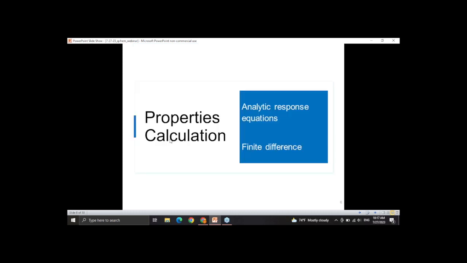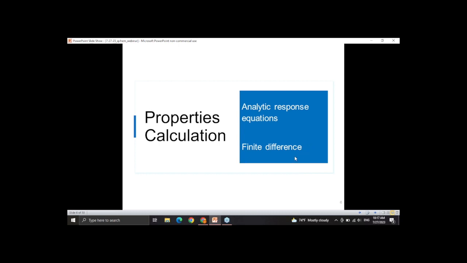Right, so when we want to calculate properties, there are two ways to go about it. The first way, the usual way, is the response equations formalism. The second way is using a simpler finite difference approach, since we're taking derivatives.